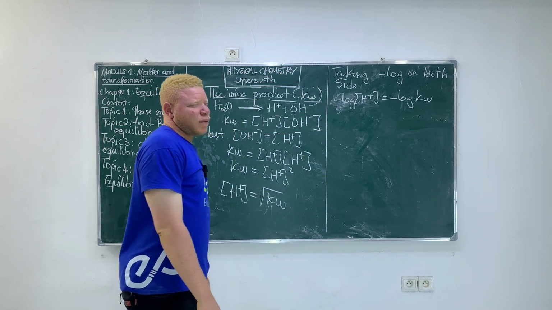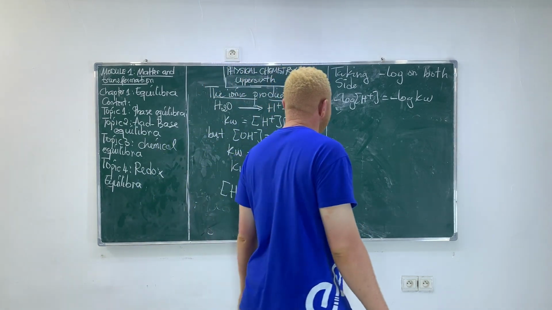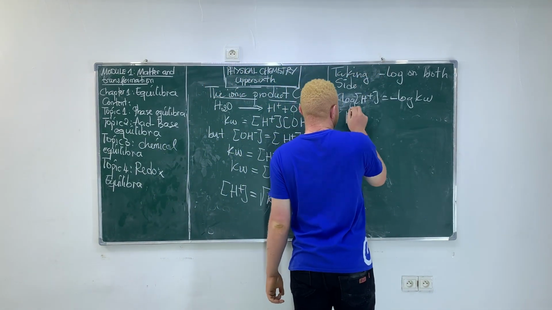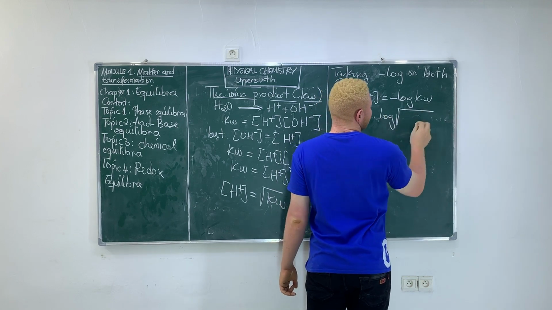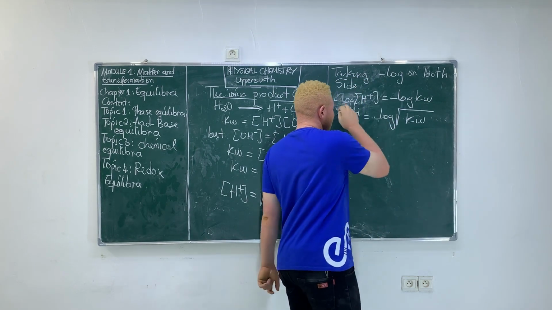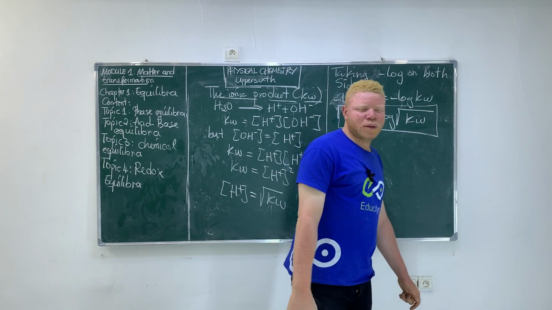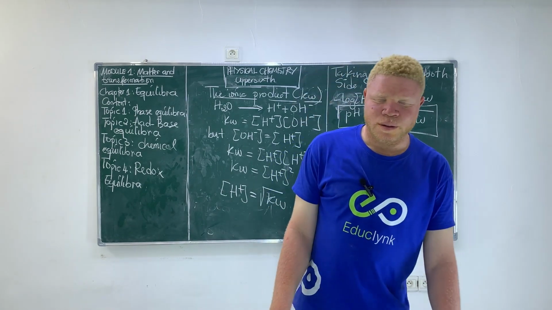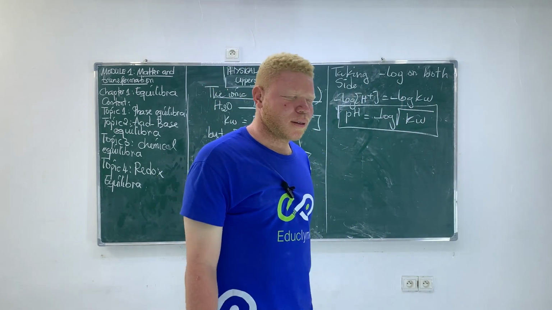But remember what I told you: minus log of H plus is pH. So the pH of water is equal to minus log the square root of Kw. So that's the formula. Kw is the ionic product of water.